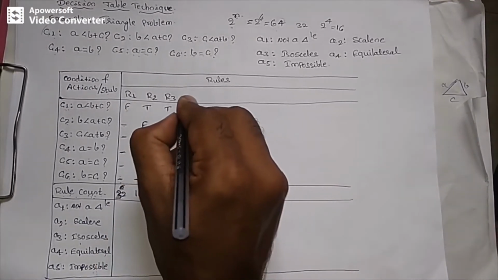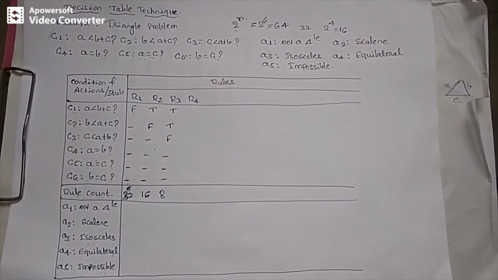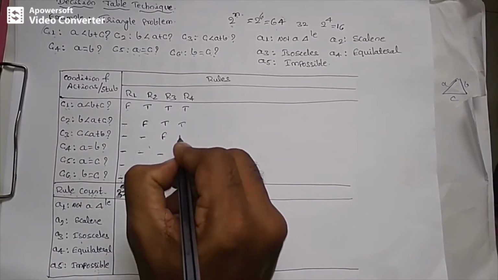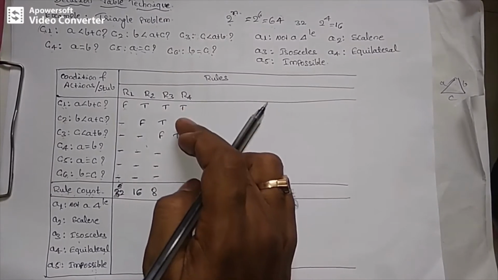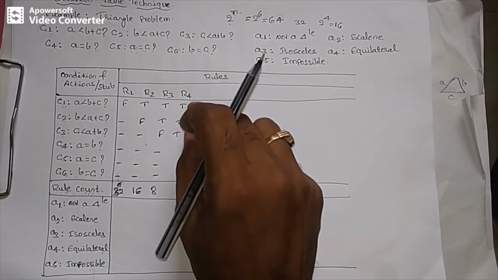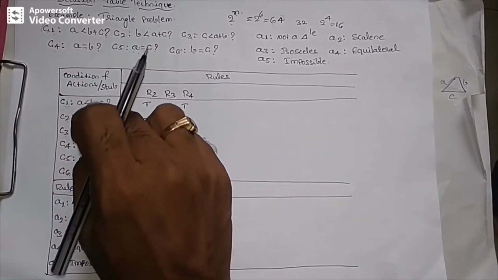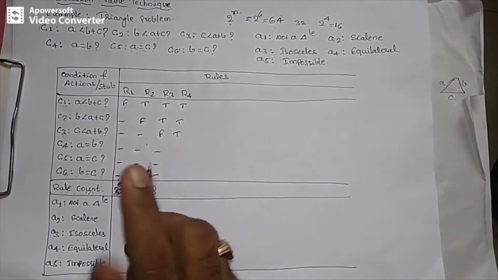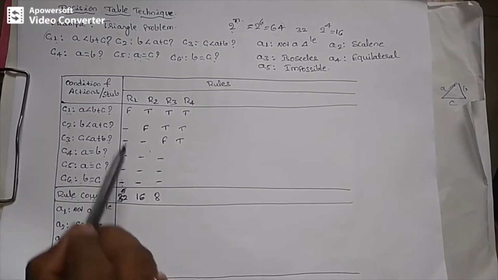Similarly I will jump to the next rule, that is R4. Next time I will make these 3 true, true, true. Okay, now concentrate. Condition 1, condition 2 and condition 3, I set to true. Why? Because one time one condition can be false, and then the remaining is not applicable.